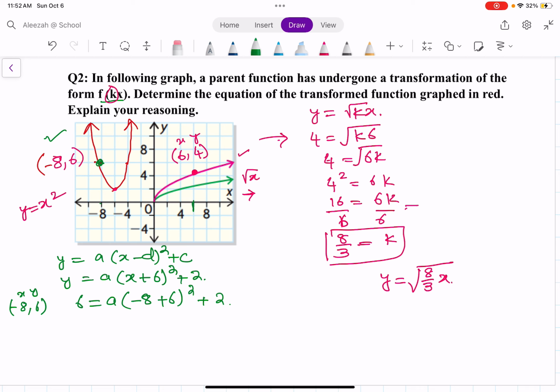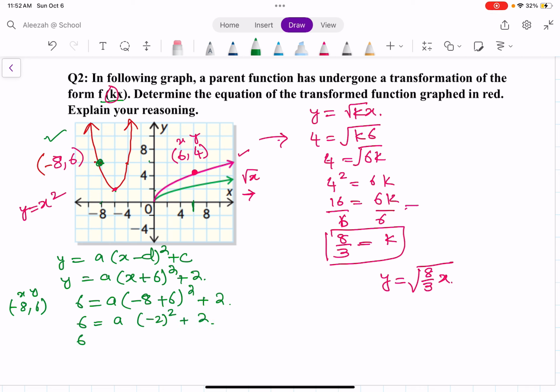I plug in the values here, so it becomes 6 equals a times minus 2 squared plus 2. Let me just double check the values here. X is negative 8 and y is 6. It's translated 6 units to the left and 2 units up. Yeah, that's right.